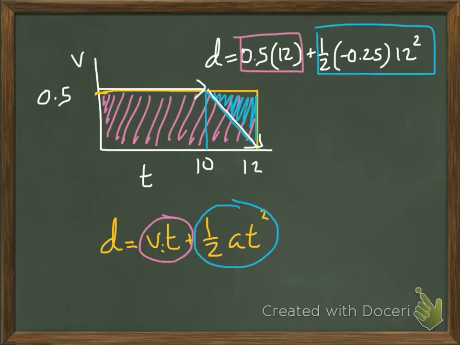So as we go along here, we're taking our total displacement if we had no acceleration whatsoever, that's the 0.5 times 12, and then we're subtracting from it our slowing down portion. So we're taking an entire rectangle and then we're subtracting out the triangle part that we don't need, which represents the acceleration. If we were speeding up, then the triangle would be sitting on top of the rectangle and we would be adding it. But because we're slowing down, we are subtracting it.